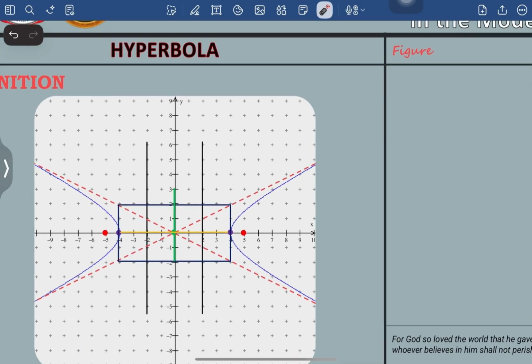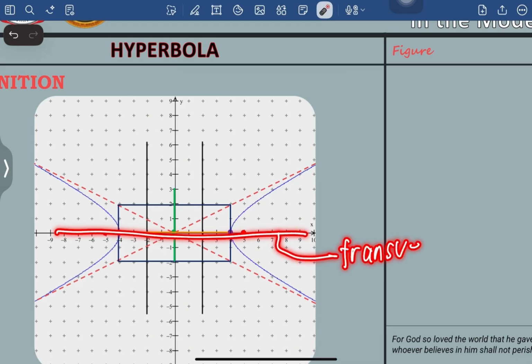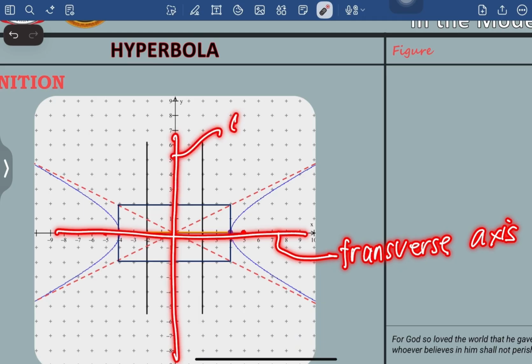Then, may tinatawag tayong transverse axis. Ito yung transverse axis kung saan nyo makikita yung distance a. Then, this one is the conjugate axis na perpendicular sa transverse axis.